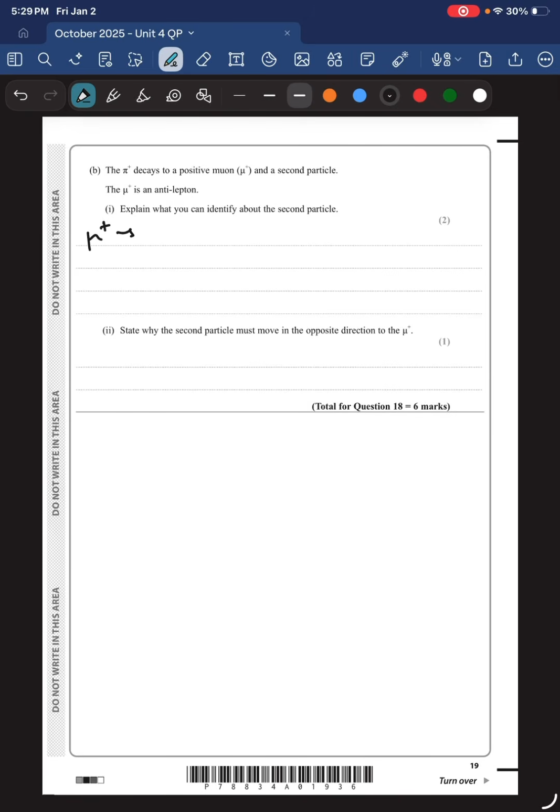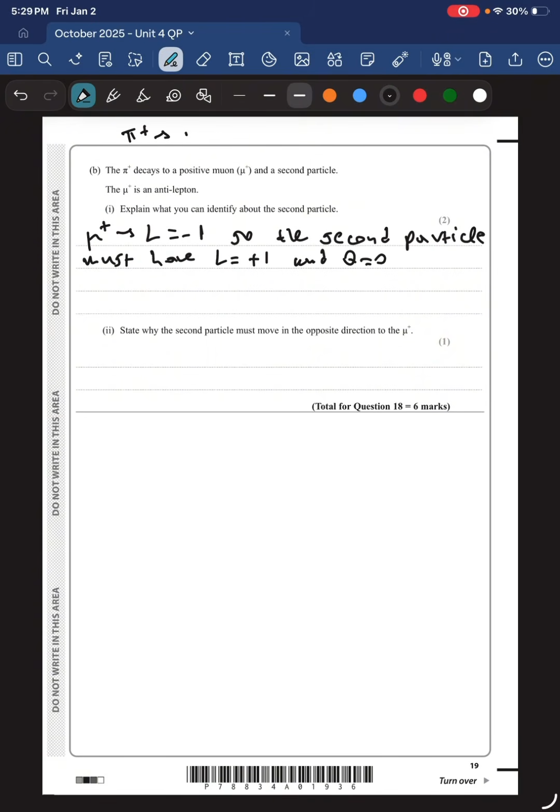Mu plus has a lepton number of -1, so the second particle must have L equal to +1 and Q equal to 0, because we have a decay that goes like pi plus to mu plus and probably a muon neutrino fits the picture.